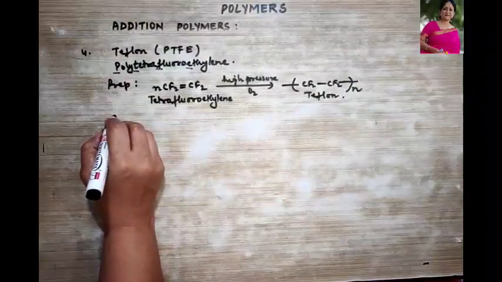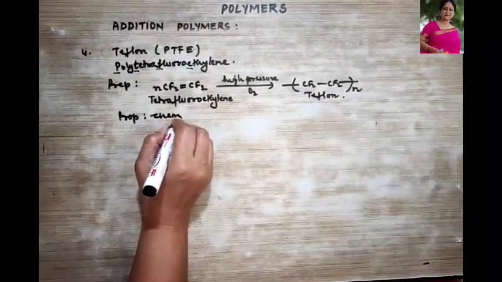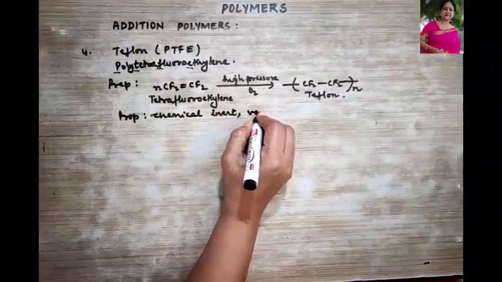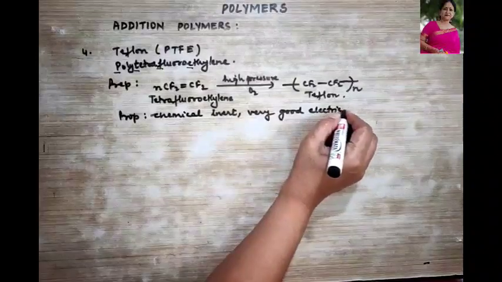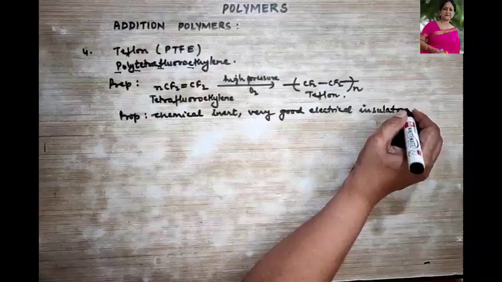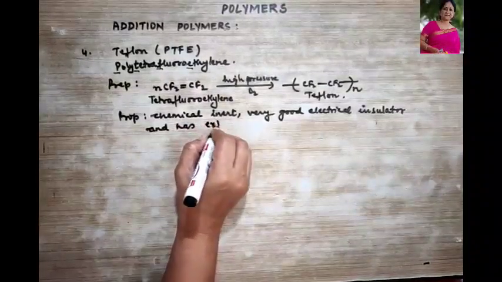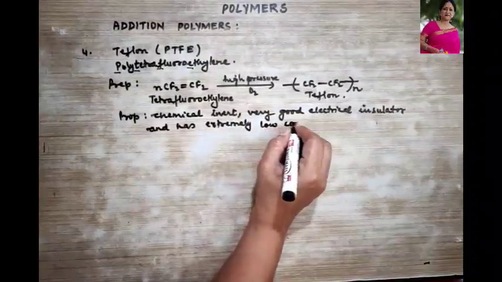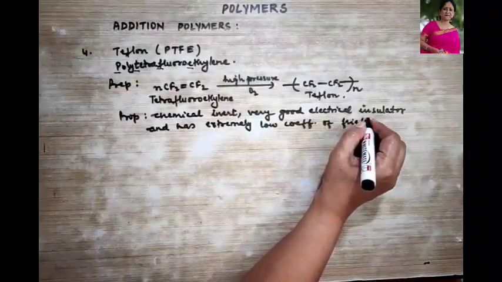Now let us understand the properties of it. It is chemically inert, very good electrical insulator, and has extremely low coefficient of friction in it.